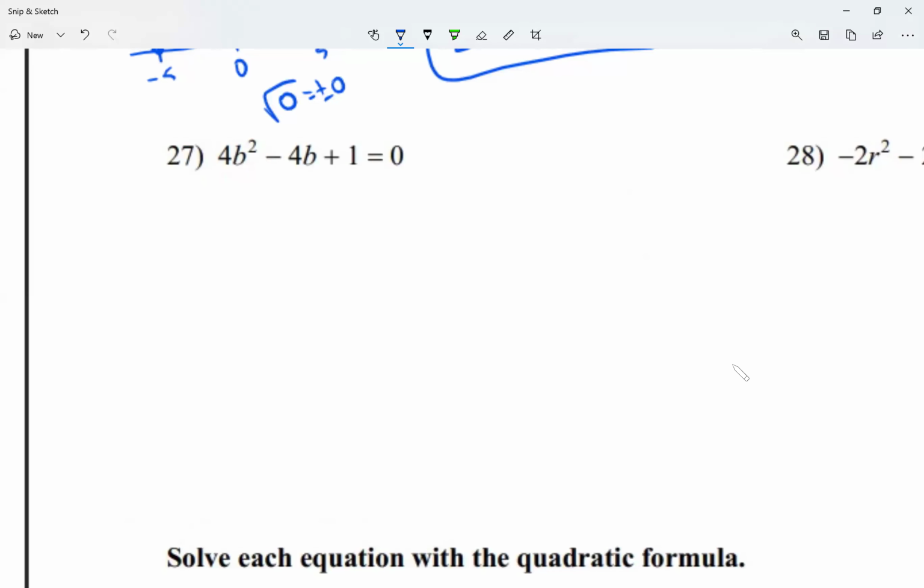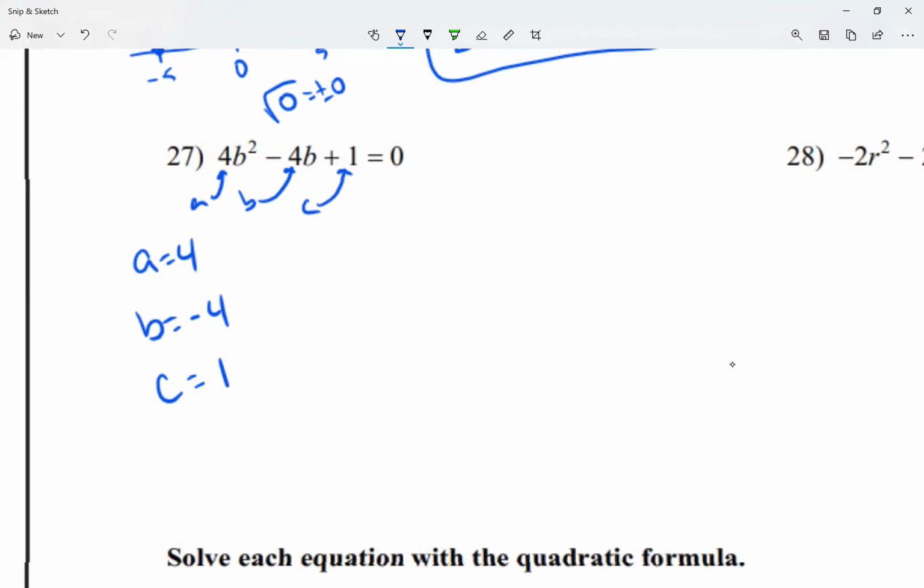For number 27, I can see this is my A value. Here I see my B value, and here I see my C value. So my A is 4, my B is negative 4, and my C is positive 1.